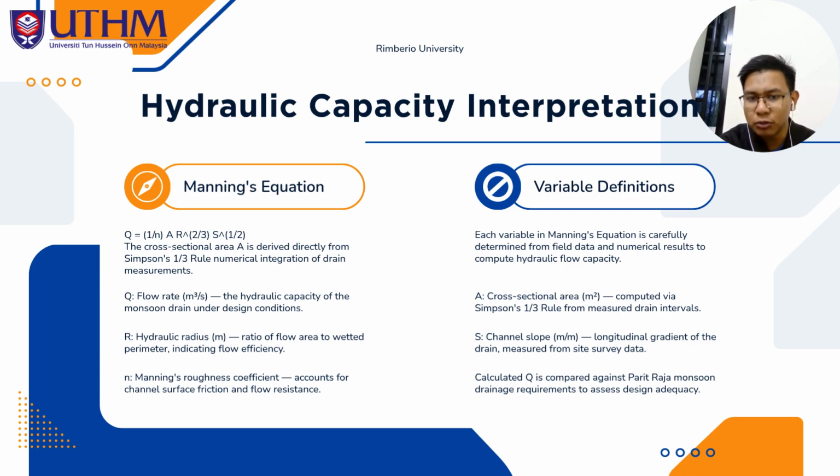In simple terms, this means the drain can safely transport about 8,140 liters of water every single second right before it overflows. This is a critical metric for engineers to ensure the infrastructure can withstand Parit Raja's extreme rainfall and prevent flash floods.